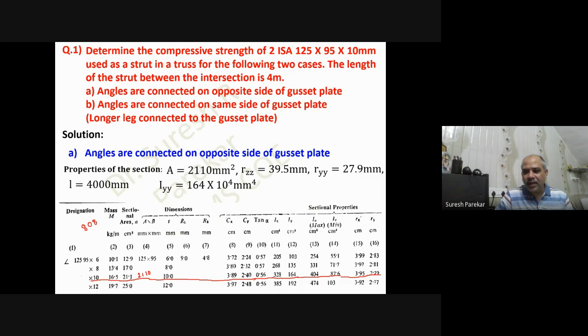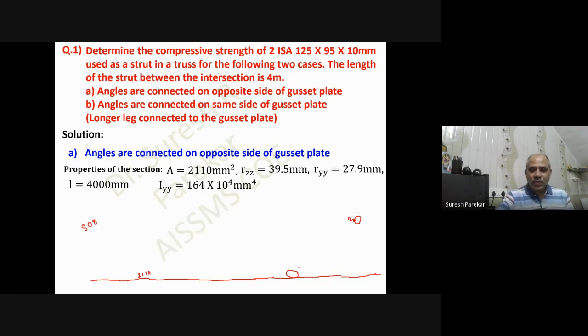Actually, in the new IS code, instead of RXX they are considering it as RZZ. Then we have L, that is 4000 given between the intersections. IYY we have 164 into 10 raised to 4, because we have converted to millimeter. So these are the values we have taken from the IS code.